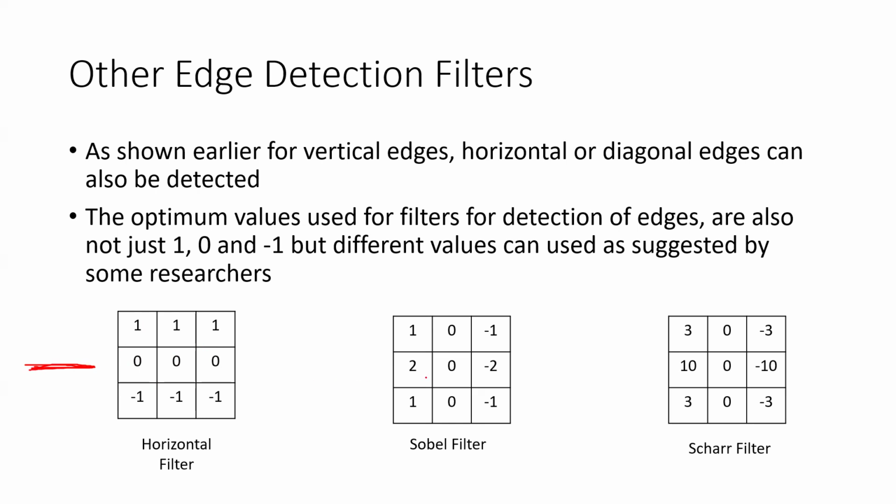Actually, you can use much more advanced versions of this filter, where you give much higher weight. So this is a vertical edge detector, known as the Sobel filter.